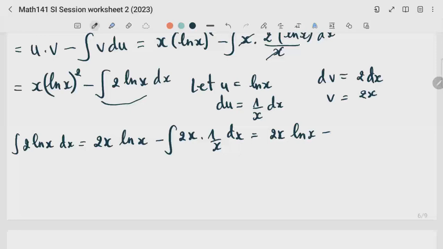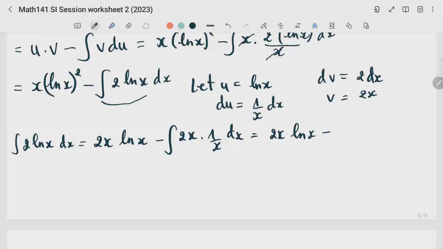Meaning that the integral of ln x squared is equal to x ln x squared minus that integral, which is 2x ln x minus 2x, right?